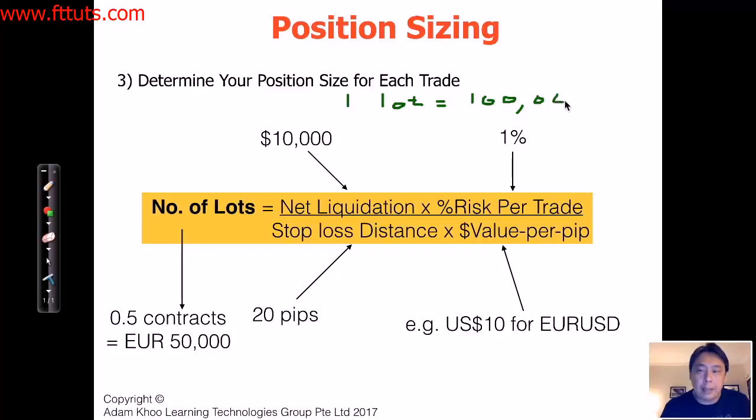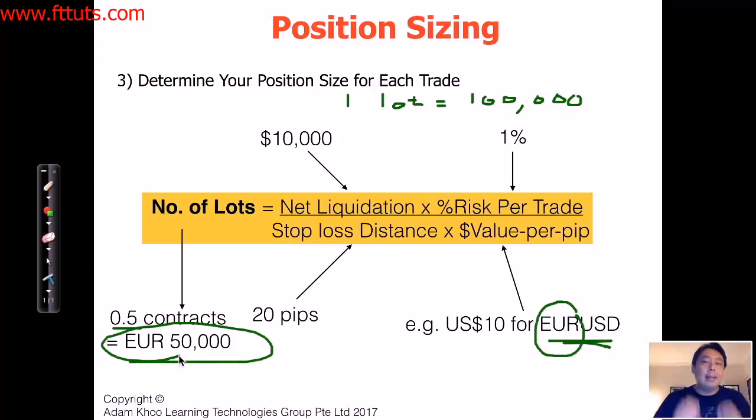So in this case, the base currency is Euro. So one lot is 100,000 euros. So 0.5 lots would be 50,000 euros.